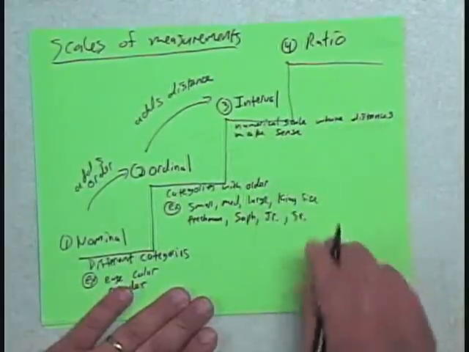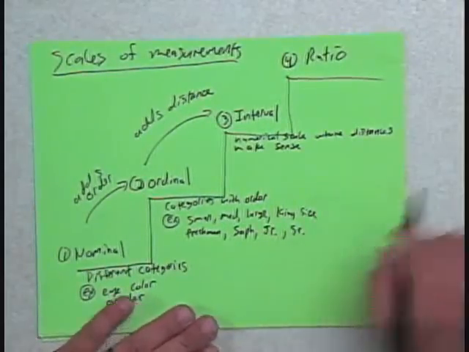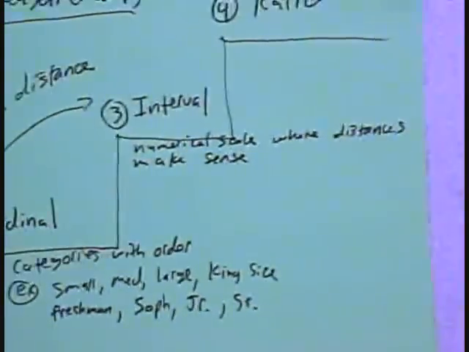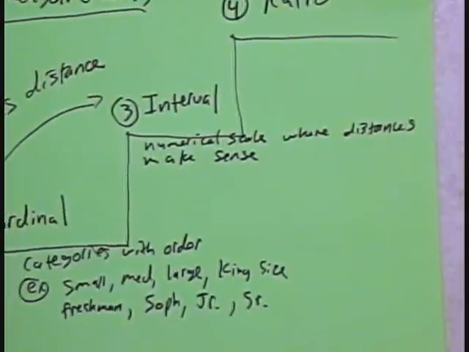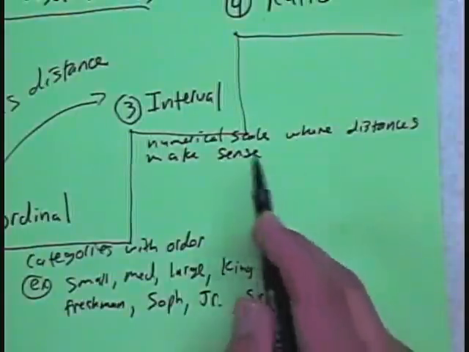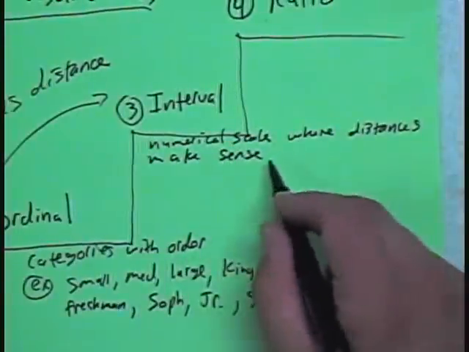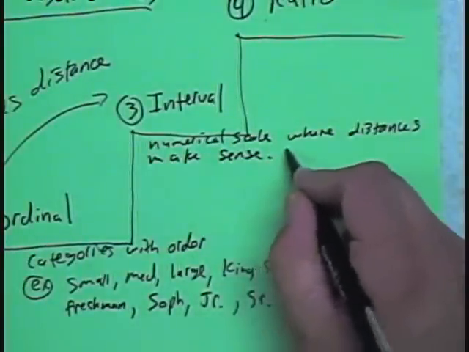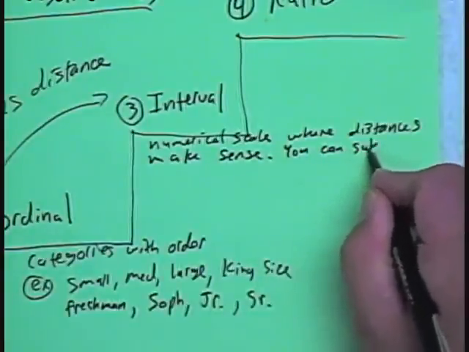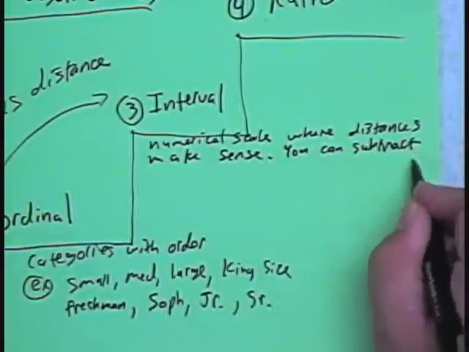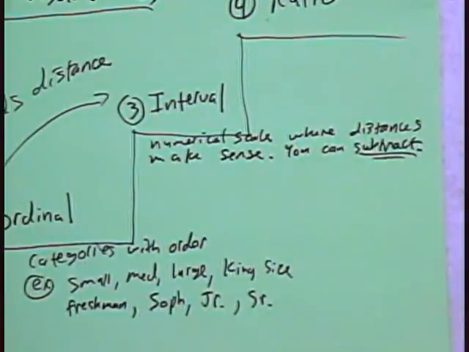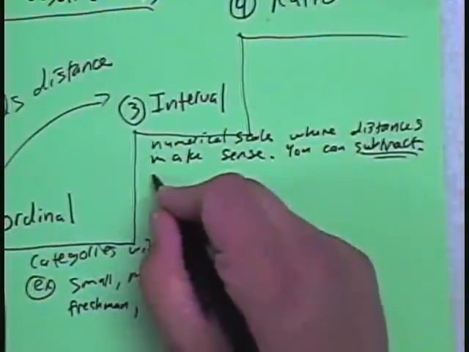And I know that this is probably a lot harder to read, and what I should do is I should zoom in on each of these and try to keep it moved in so you can see. So numerical scale where distances between variables make sense, and so you can subtract now. So in a sense it adds the ability to subtract because differences on that scale make sense.